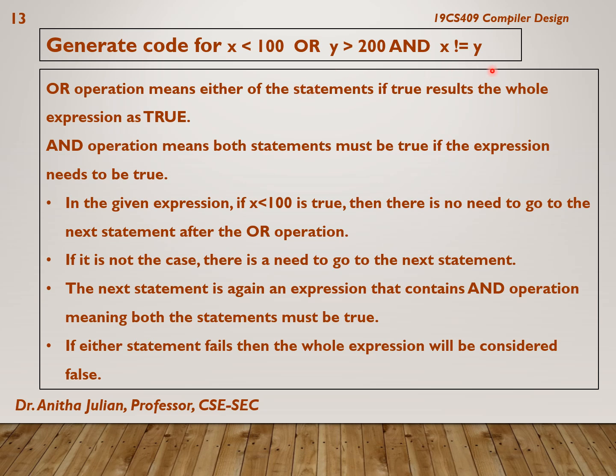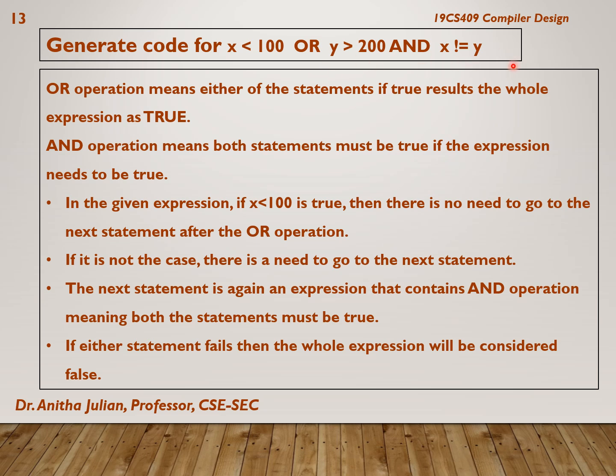That's how we learnt in the backpatching algorithm, no? If it is an OR operation, we very well know that you don't need to bother about this, because if any one is 1, we learnt in the rule that the true list of this is the true list of this. So we can straight away evaluate the true list for this condition. We don't need to evaluate this part at all.